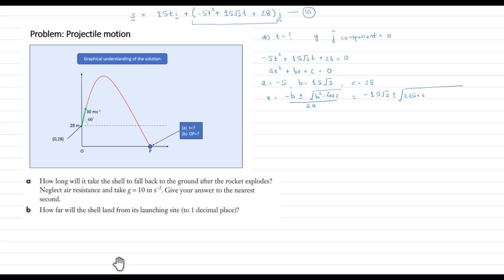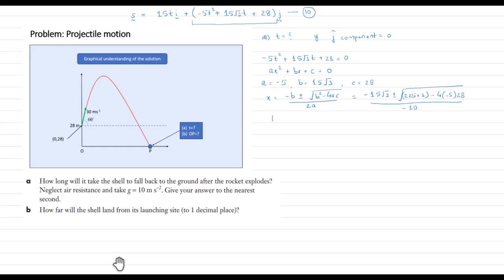So this is b square minus 4 times a, a is minus 5, times c, that is 28, over 2a, that will be minus 10. If you solve with the calculator, you will get different values.